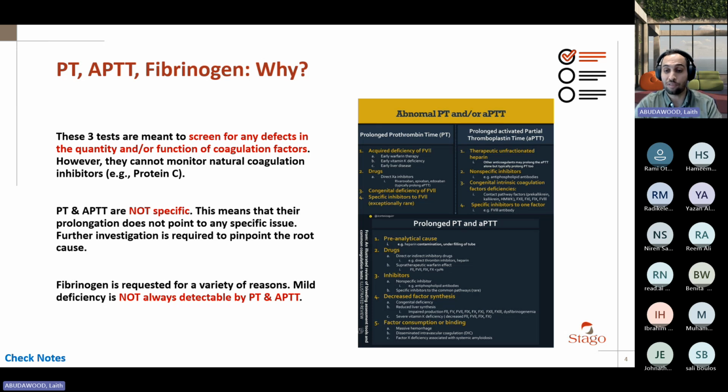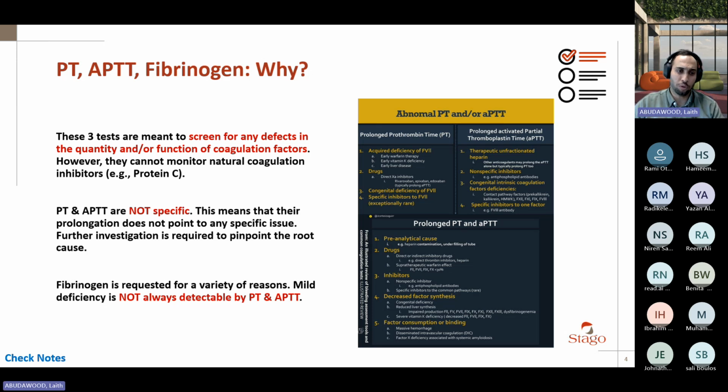So when the doctor requests fibrinogen, it's because that doctor probably knows that PT and APTT are not very sensitive to fibrinogen deficiencies. Yes, if it's a very severe fibrinogen deficiency, PT, APTT will be prolonged. But again, if it's a mild deficiency, PT, APTT are not sensitive to it. However, your fibrinogen assay is very good at detecting these deficiencies.